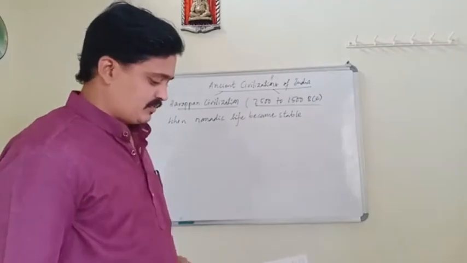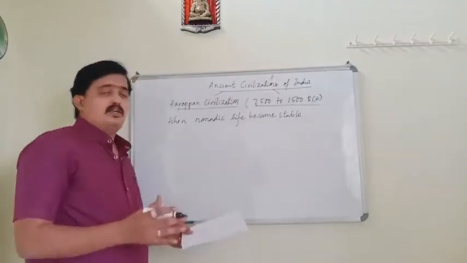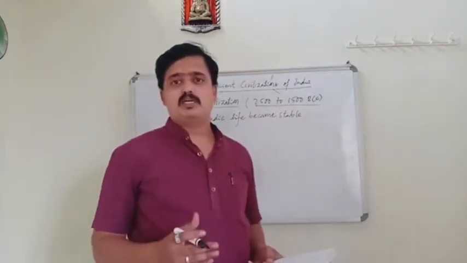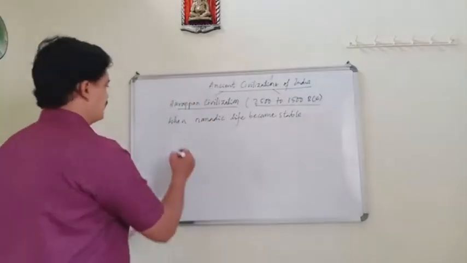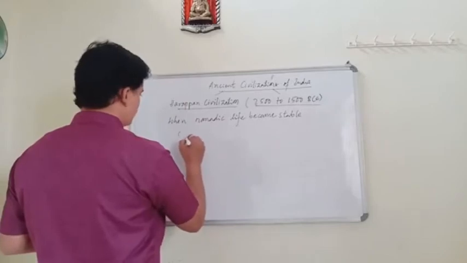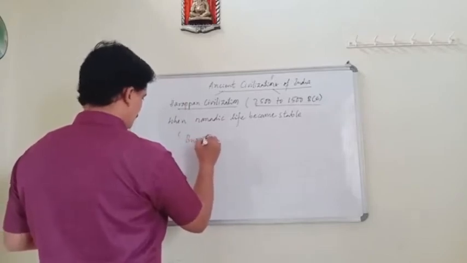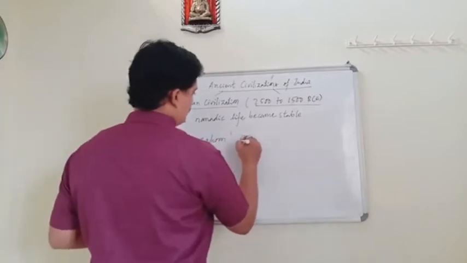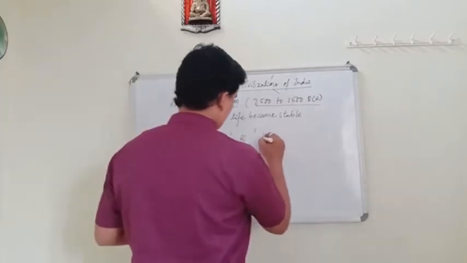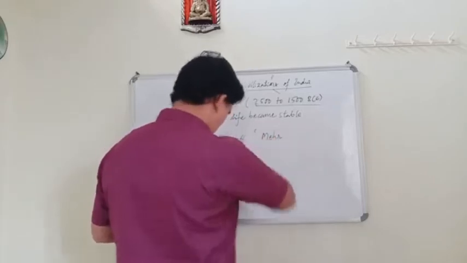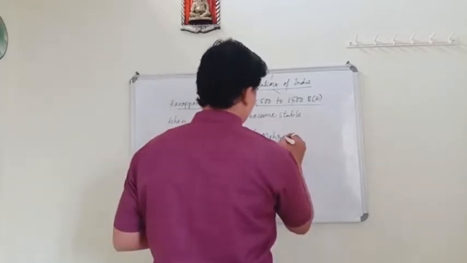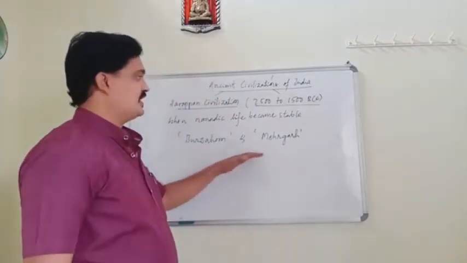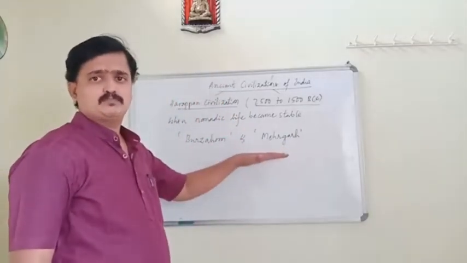They became stable mainly in two places. One place is called Burjhom, and another one is Mehergarh. In these two places the Harappan people became stable.